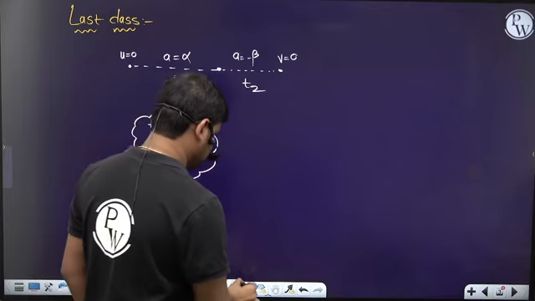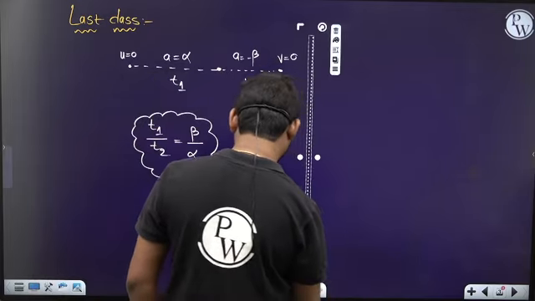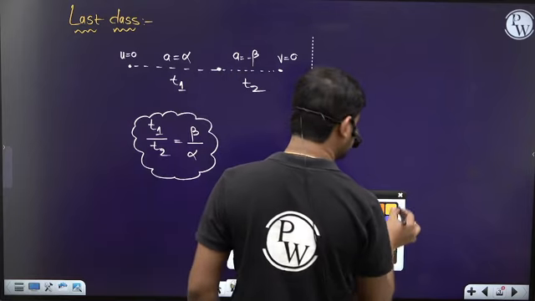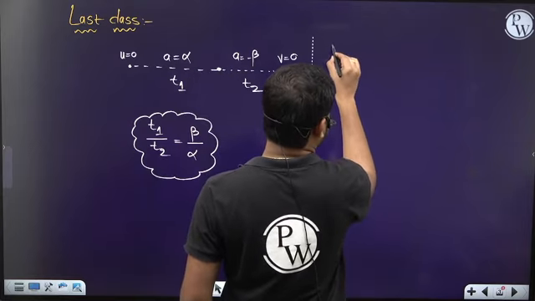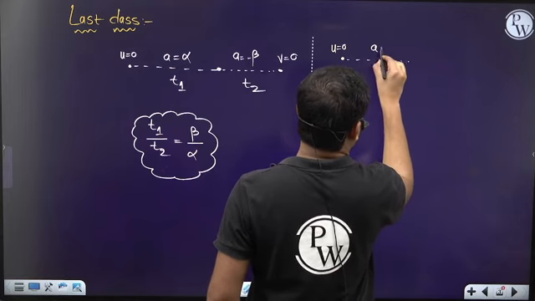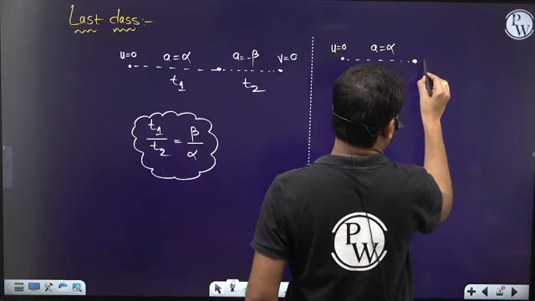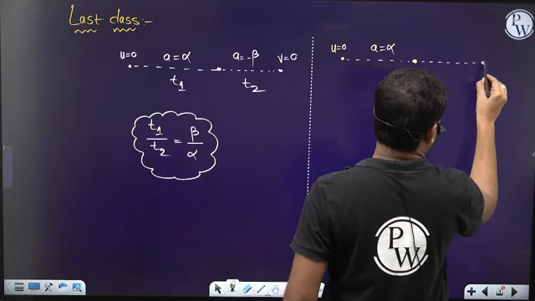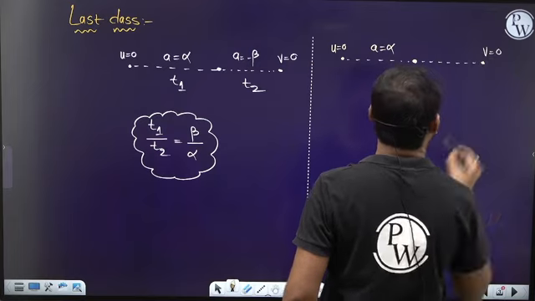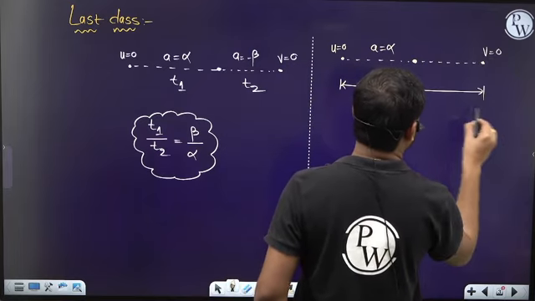Similarly, the same concept: if the body starts from rest and accelerates for some time, and then from this point it decelerates and comes to rest. Let the total time elapsed be t.